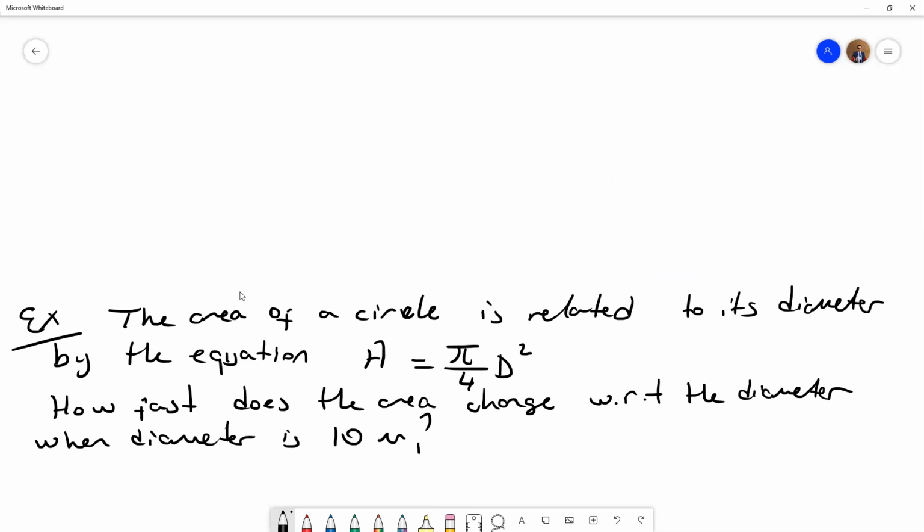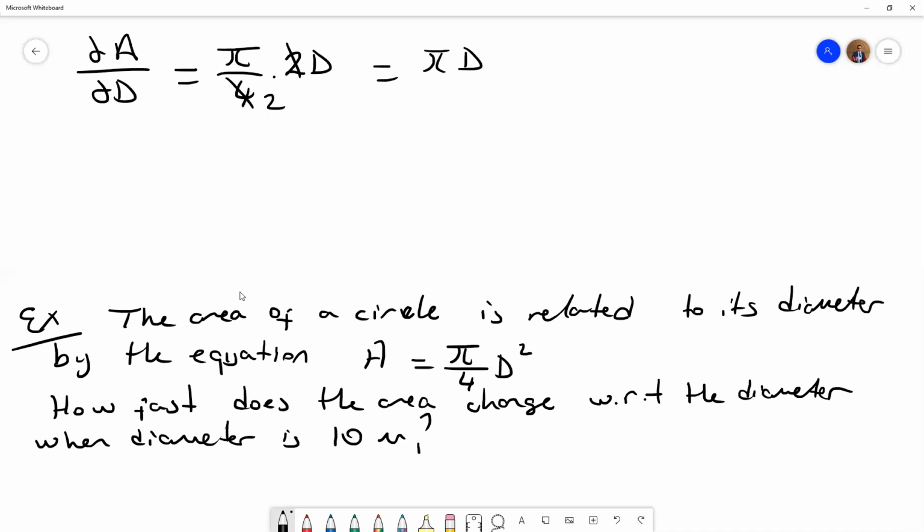First of all, we have to find the derivative of A with respect to d. We have the constant pi over 4 and the derivative is 2d, and we can cancel these two things, so pi d over 2 is the derivative.